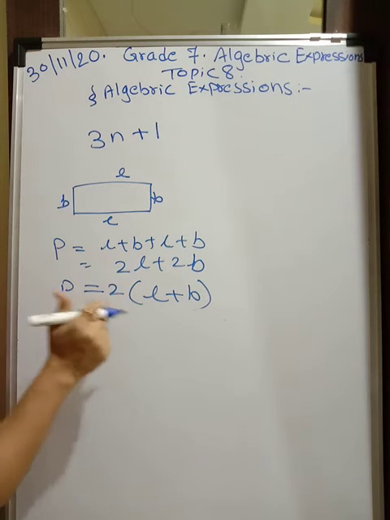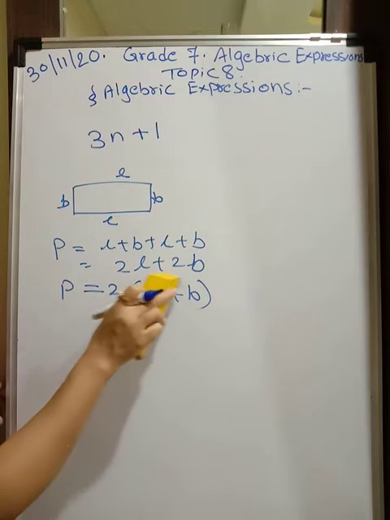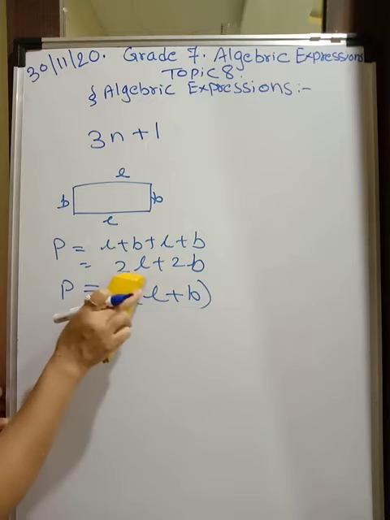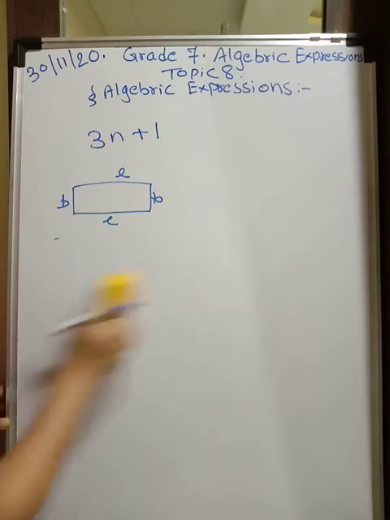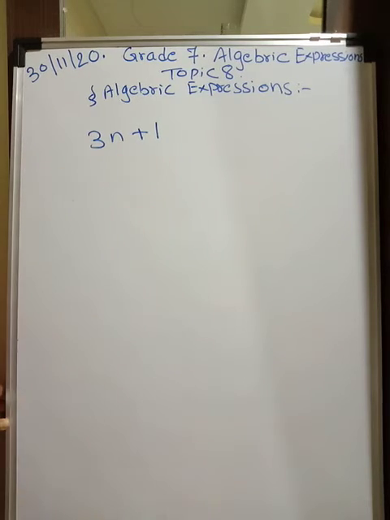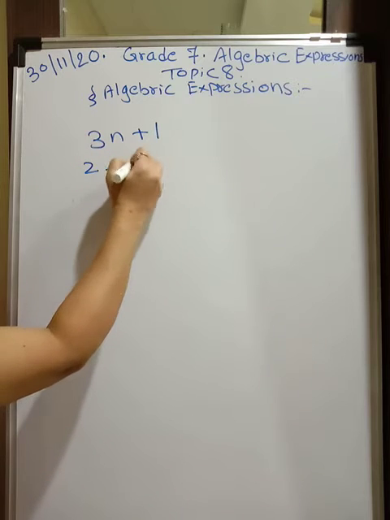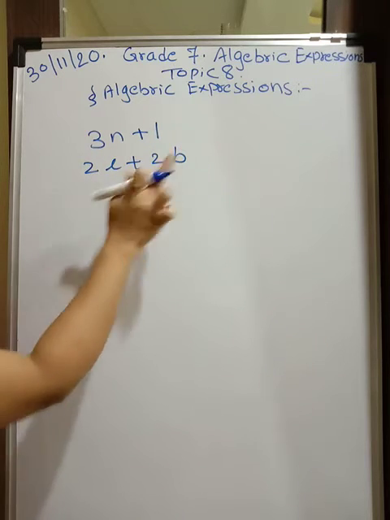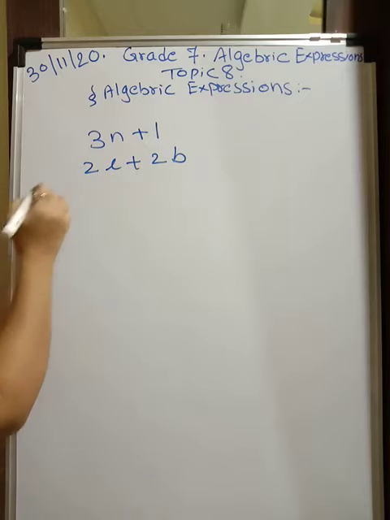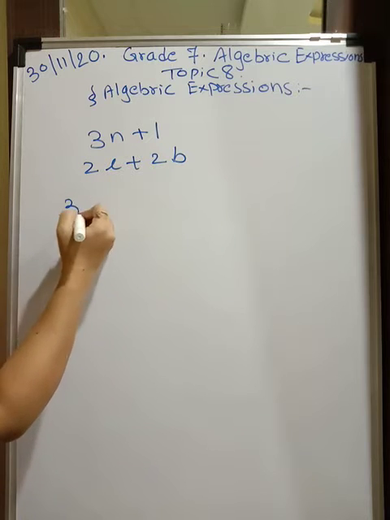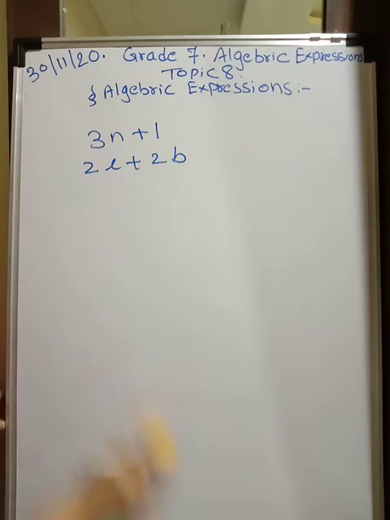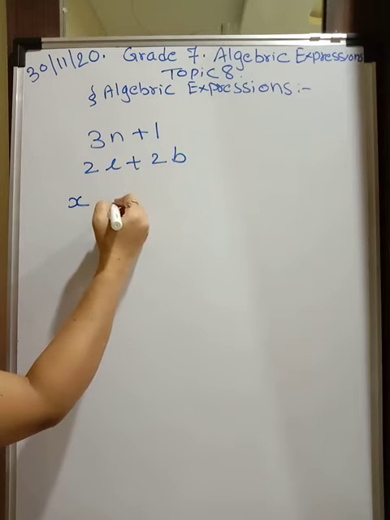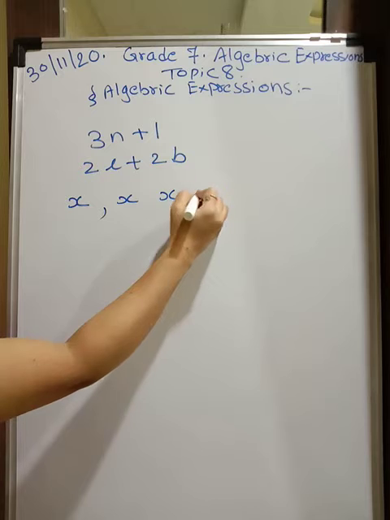So here we got another. You may say 2L plus 2B or 2 into L plus B. This is also an algebraic expression. So we have now here 2L plus 2B or 2 into length plus breadth. Let me take any letter, for example x. x is repeating how many times? 1, 2, 3, 4.